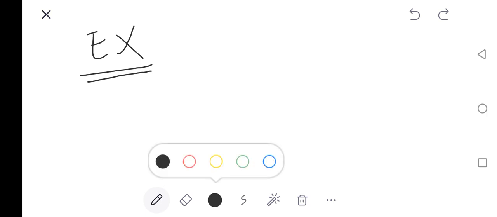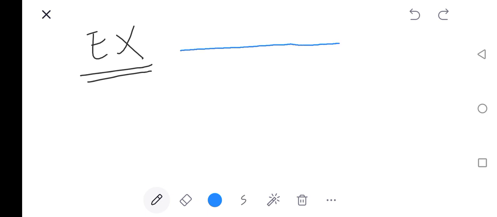So I want you to look at an example. Look at this line. Let me draw it in red or blue. Line AB. Are we there? Let's say line AB has been measured to be 4 centimeters.